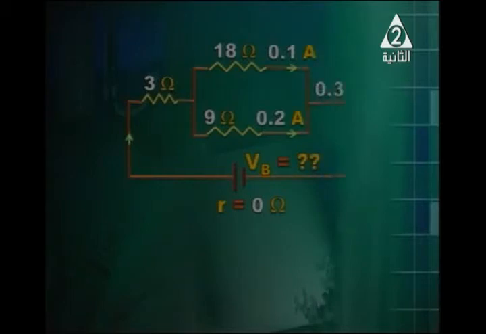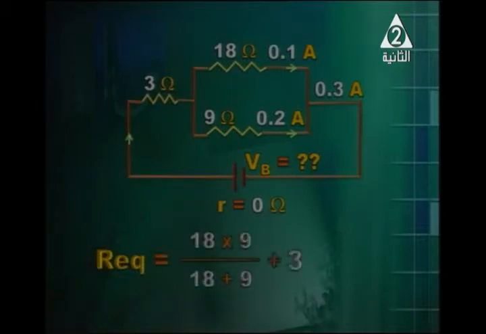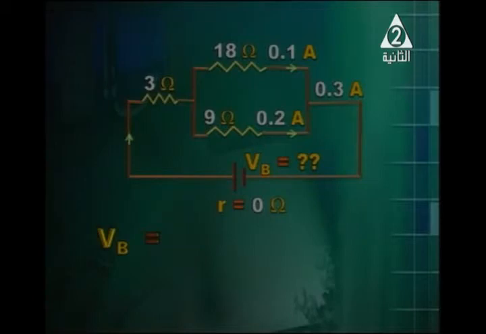So this is the expected shape. R equivalent will be equal to 18 times 9 over 18 plus 9, product over the sum, plus 3, it is 9 ohm. So V battery equals 0.3, the total current, times the total resistance 9, so it must be 2.7 volt.